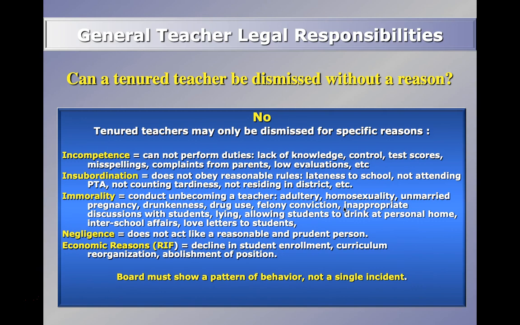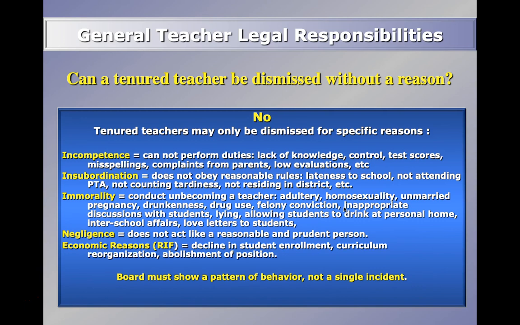But you can be dismissed for immorality, for adultery, or even in the past, homosexuality, an unmarried pregnancy, drunkenness. That doesn't mean it's going to occur in every district. These are just things that teachers have been dismissed for before, usually in a very conservative school district.